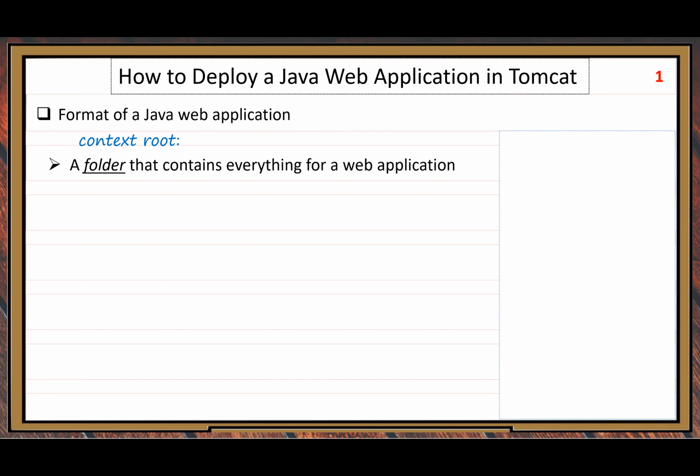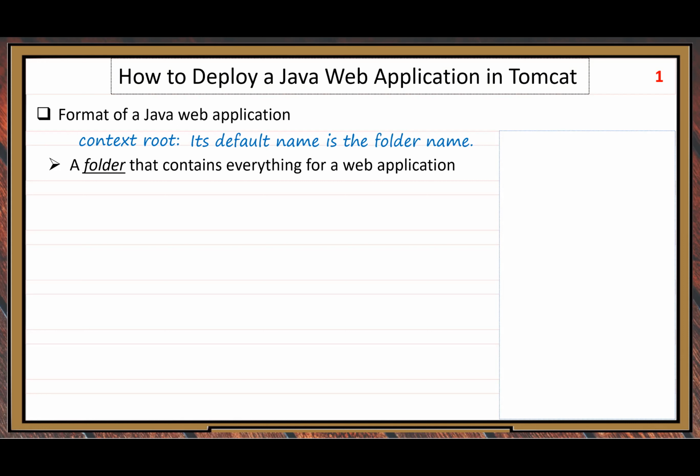So we have a concept called context root. Later, we need to use this context root name to access this web application. So this concept is important. Its default name is the folder name.